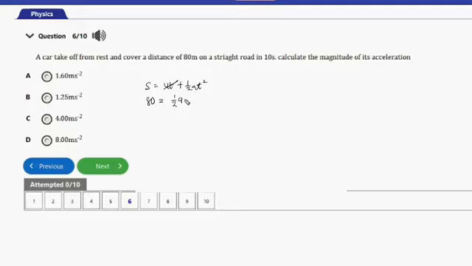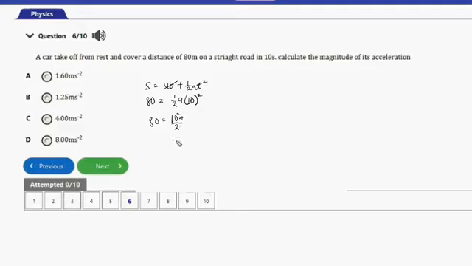So in that case, t squared is 10 seconds squared, and that will be times a half. So that's 10 squared a over 2. So it means that 80 meters is 10 squared a over 2.